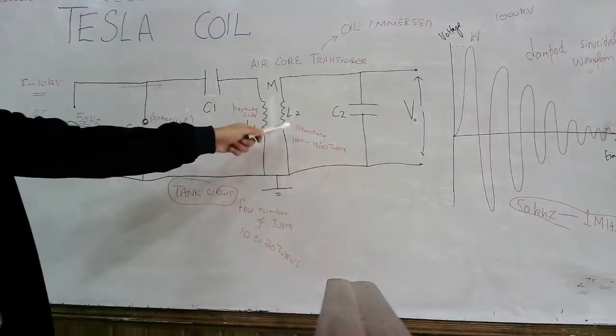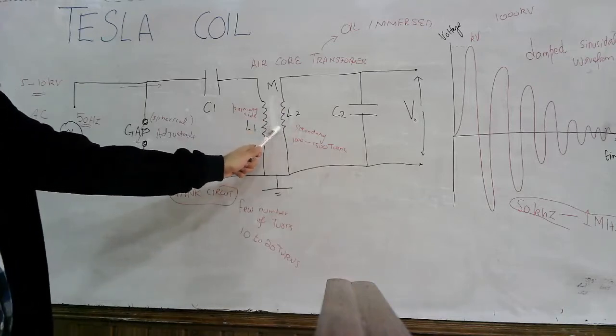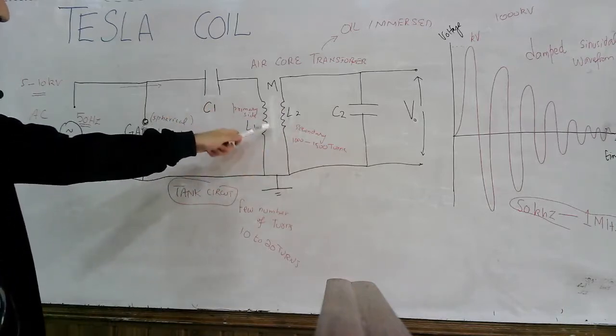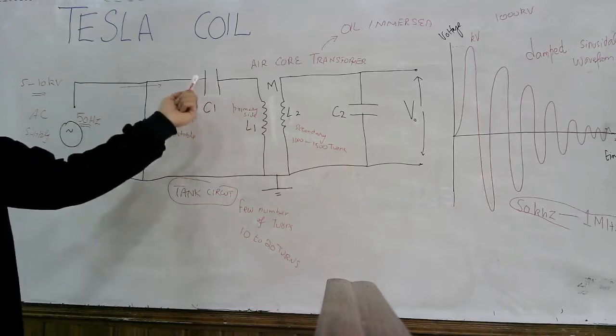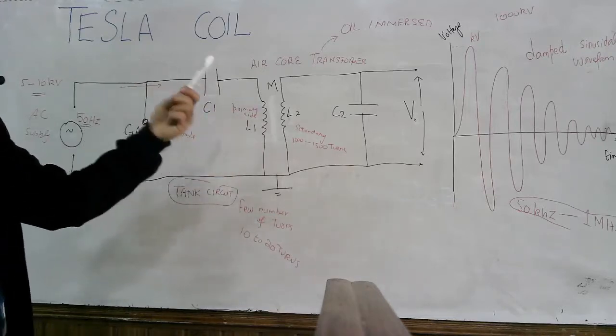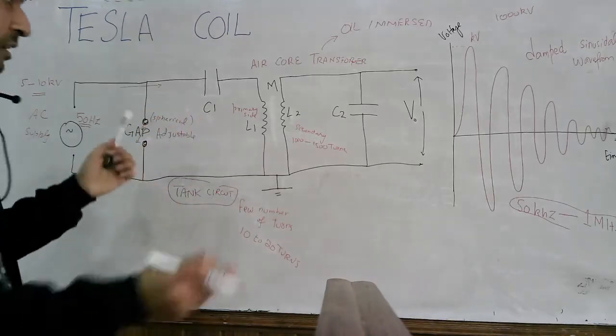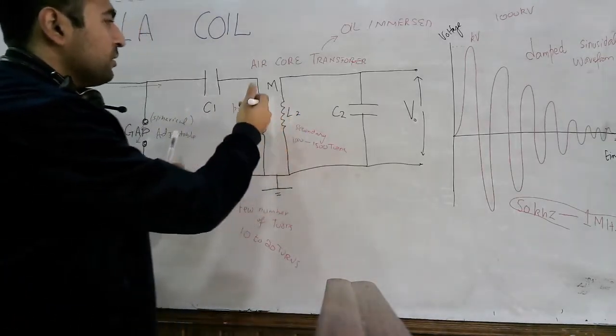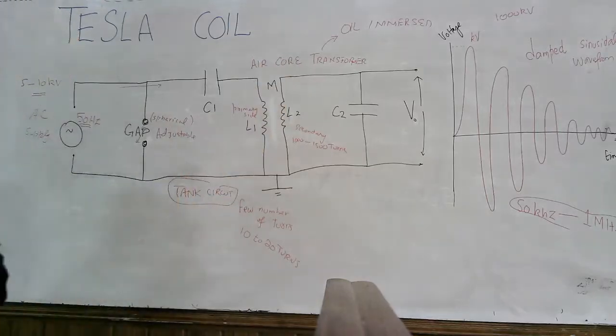We have used this transformer, and here we have a high frequency, because now the inductor and capacitor will exchange their energies at very high frequencies. When you have a high frequency, the transformer size reduces, and that's why we have used the air core instead of the iron core.